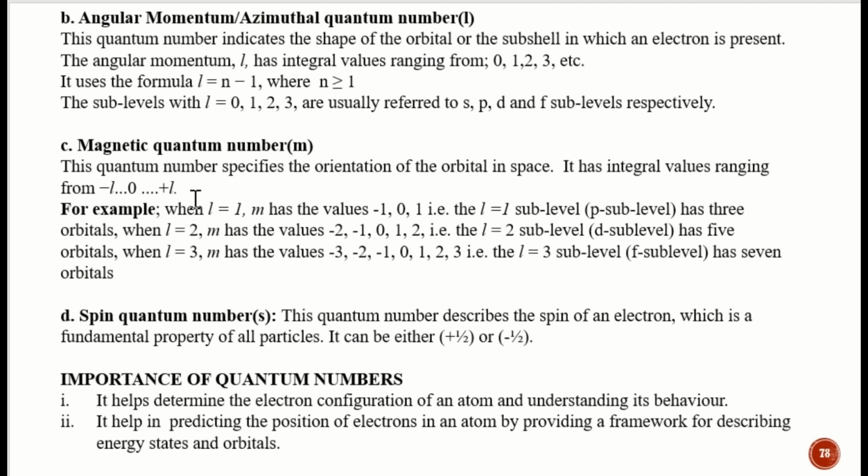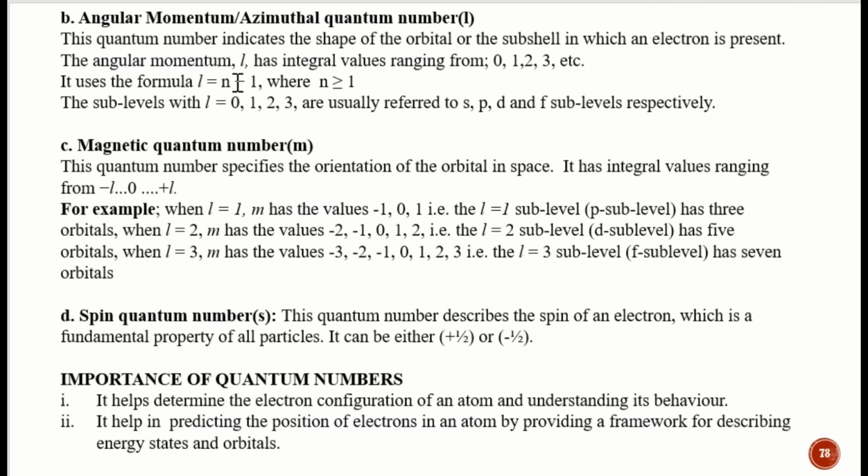The next one we want to look at is the angular momentum or the azimuthal quantum number. We said it also helps to indicate the shape of the orbital in which an electron is present. It uses the formula L equals n minus 1, where n is our principal quantum number, which is greater than or equal to 1.